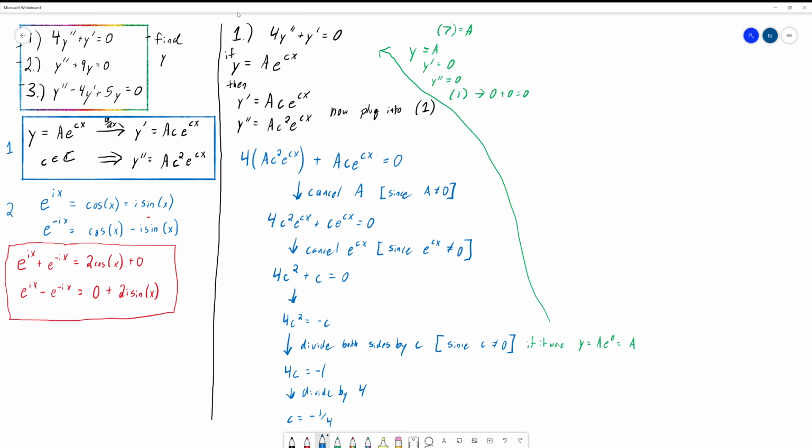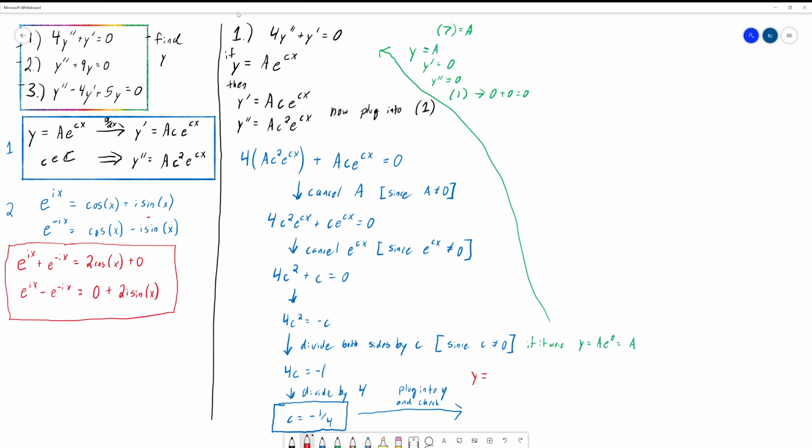And that should give us all what we need for our answer. So if we plug this into y and check, I'm going to change colors just for checking purposes, so it's easier to see.